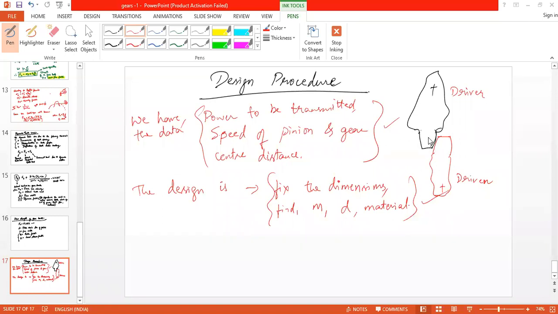Now, if you know the dimension of any one of the gears, that is, if you know the value of module, diameter, and the number of teeth, Z. Okay, m is the module, d is the pitch diameter, and Z is the number of teeth on any one of the gears. If you know these for any one gear, then you can get the dimensions of the other gear, right?